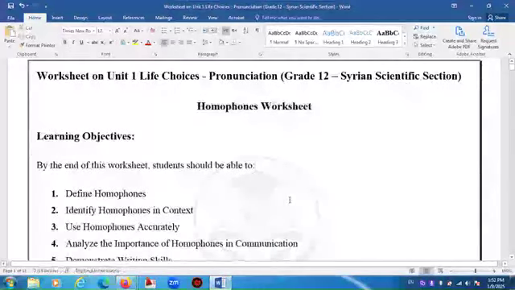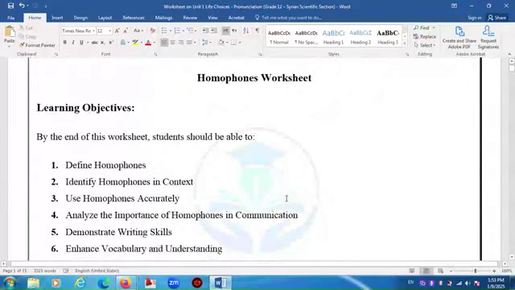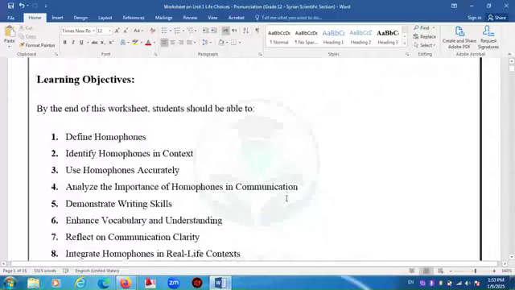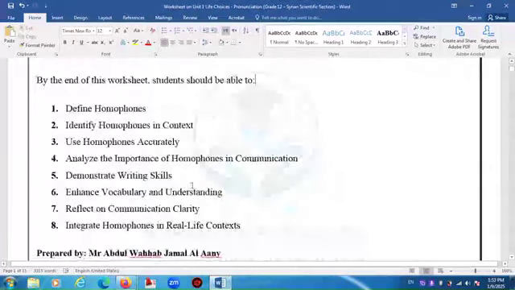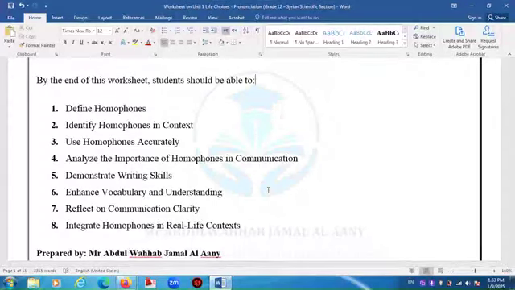The objectives of today: we will define homophones, we will identify homophones in a context, in a text, we will use homophones accurately and correctly, we will try to analyze the importance of homophones in contextual writing or communication, and we will try to demonstrate writing skills, and we will apply the vocabulary and the homophones inside it.